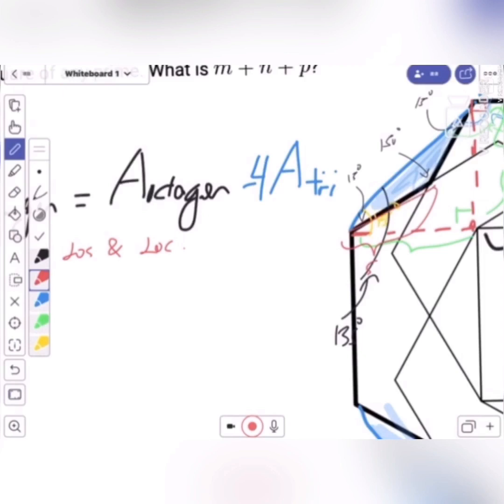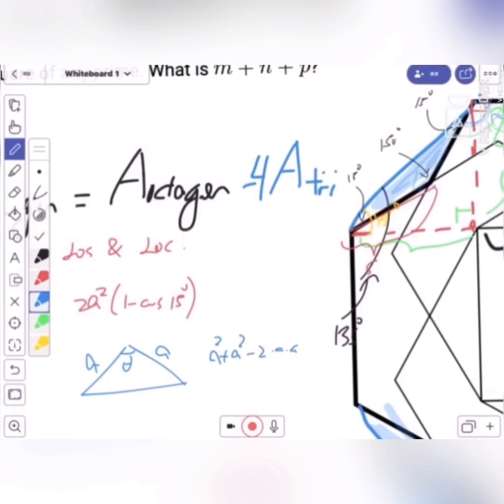For law of cosines, we're just going to find 2a squared times 1 minus cosine of 150 degrees. Since we have a and a, then this is theta. Then by law of cosines we have a squared plus a squared minus 2 times a times a times cosine theta. This is the law of cosines expression.